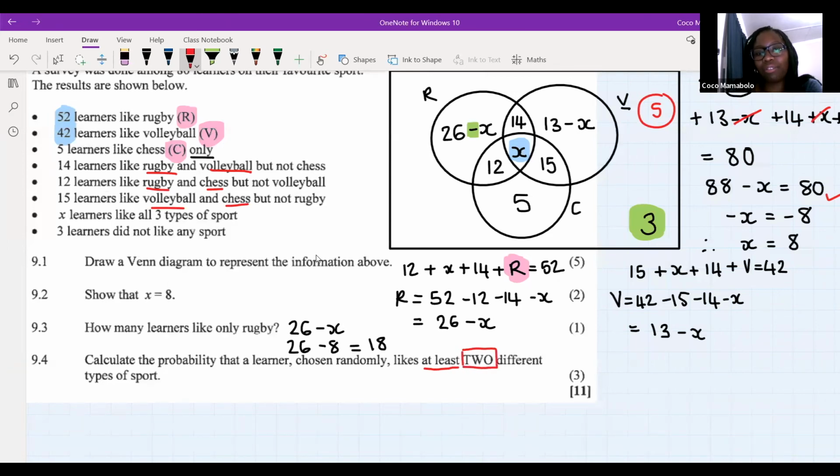How else can I phrase at least 2? Does anybody have any idea how else we can phrase the word at least 2? Remember, they want the probability that a learner chosen at random likes at least two.